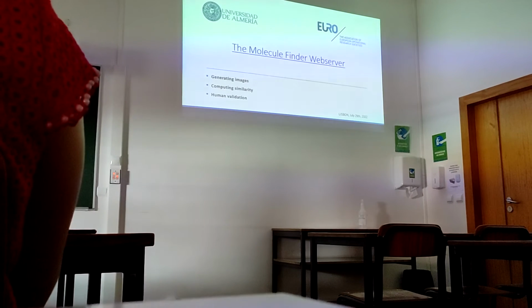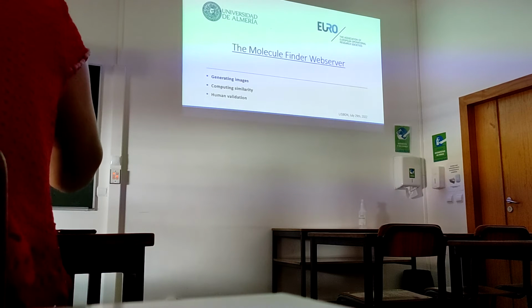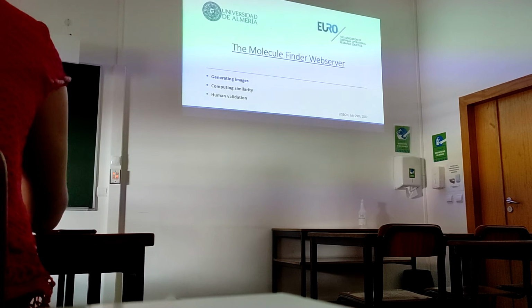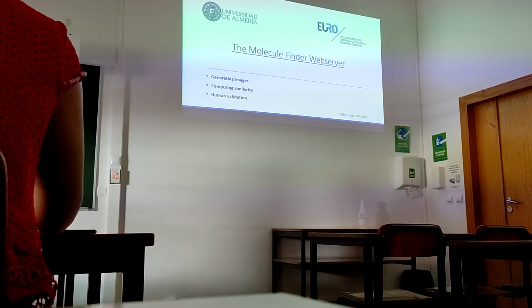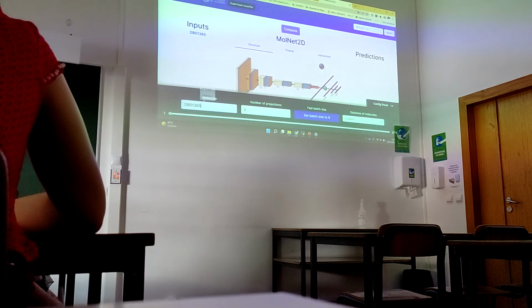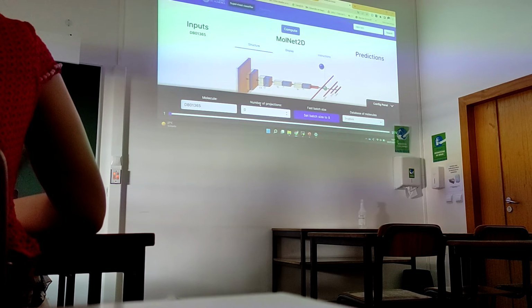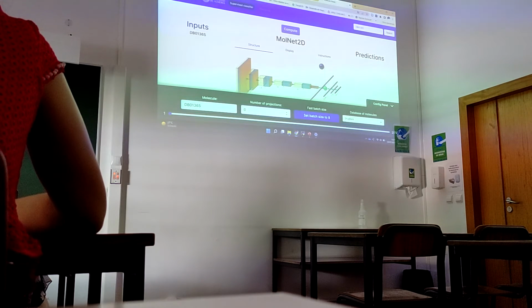So let's go back to our web application. I'm going to the config panel this time. I will pick a molecule, for example, this one, and I will choose the number of projections, and this is going to make a request to the DrugFun database.